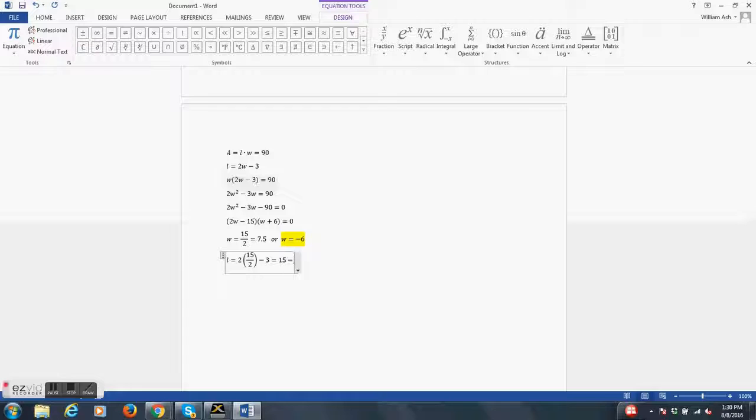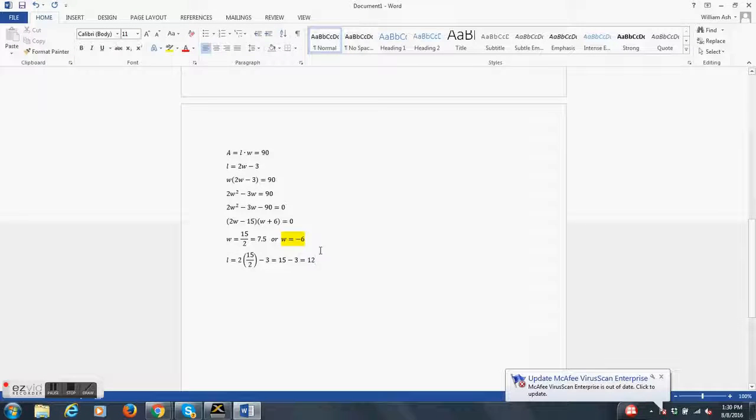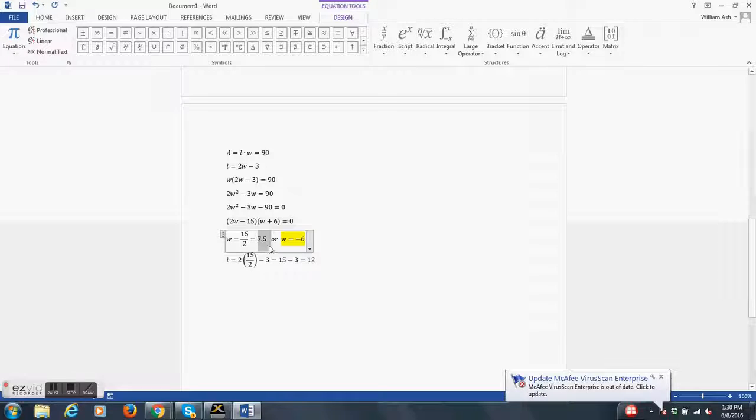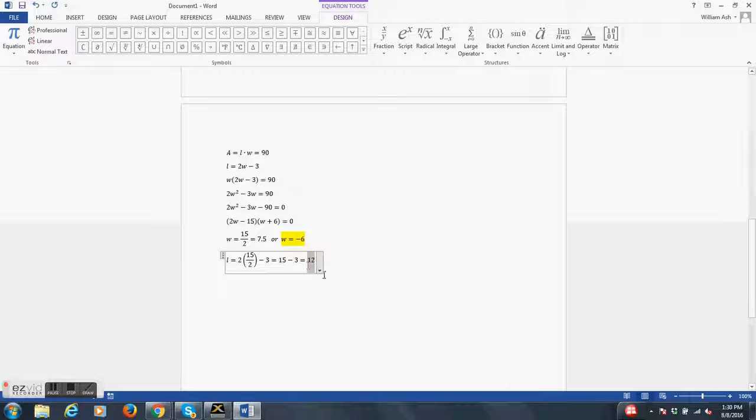Which is 15 minus 3, which is 12. So I guess 7.5 and 12. There's your width, 7.5. There's your length, 12.